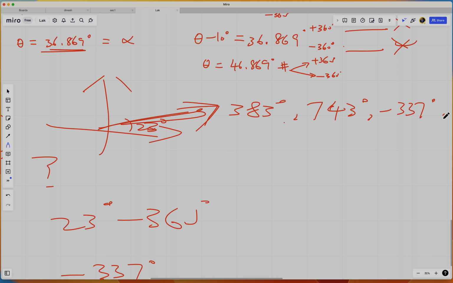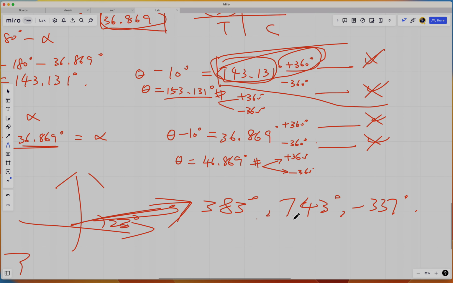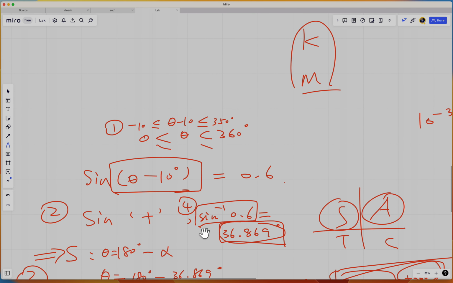So now the question is, do you understand why I never plus 350, by the way? I have never plus 350. I don't know where you get the concept. When did I plus 350? No, I never plus 350. That's number one. Number two, why do I get 350 here?